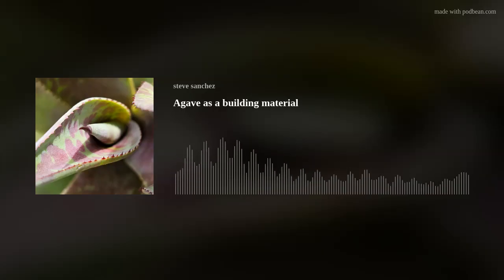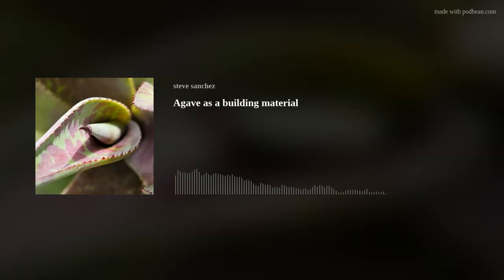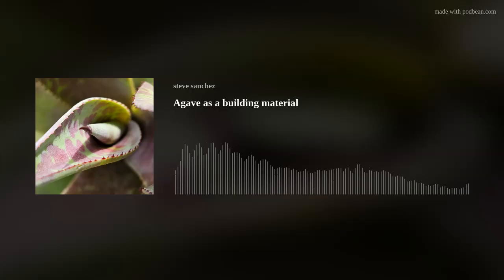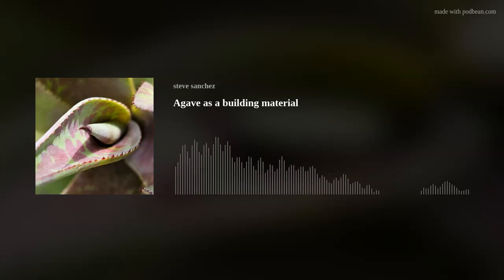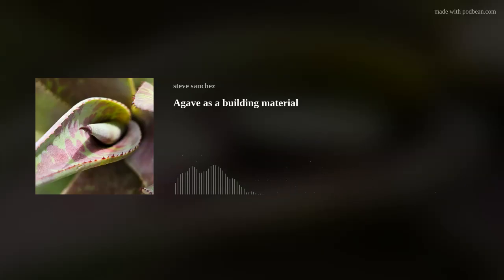But if the balance is upset and we only do agavecrete or only do bamboo, then inherently those resources are extracted and abused. So I think agave could be a great additional green building material, and that's how I'm looking at it, and I hope other people start seeing its usefulness and how they could utilize it.